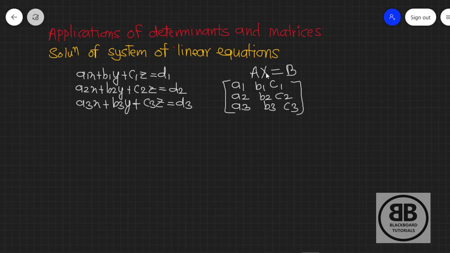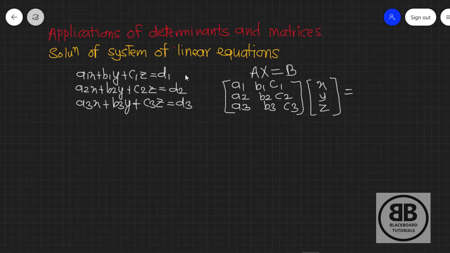Now x means the variable matrix. In each equation you will find that there are three variables, and we will write these three variables as x, y and z. This matrix multiplication is equal to B. B means the constant matrix.